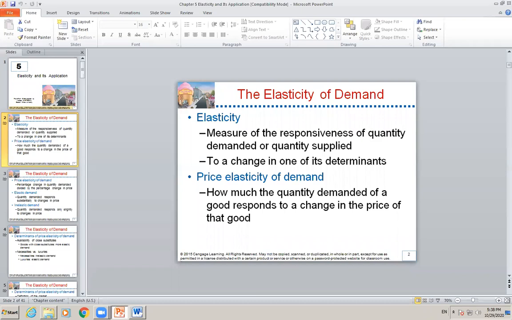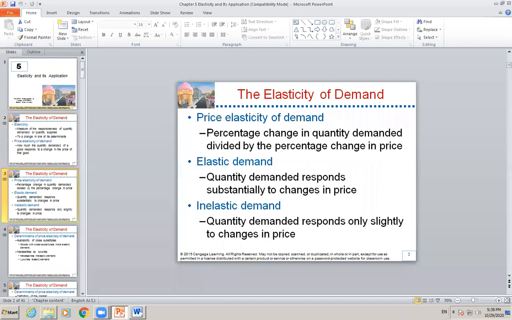And there are luxury products, products that you don't need, but you might buy and you get some benefit from. If the price changes, the quantity demanded will change largely. So the price elasticity of demand is the percentage change in the quantity demanded divided by the percentage change in the price.